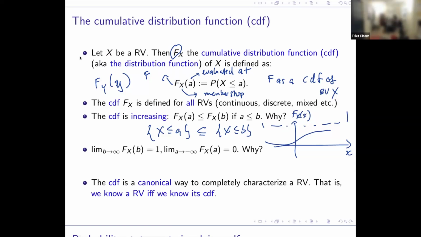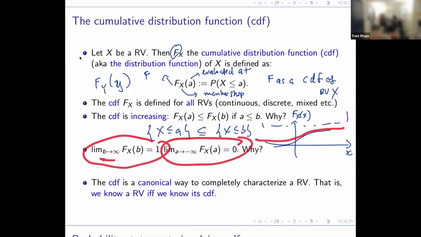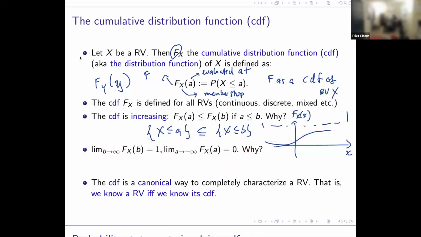And so intuitively it does what you expect it to do, meaning, roughly speaking, it starts from 0 and rises to 1 asymptotically. To the right, it approaches 1. To the left, it approaches 0. Why? Well, again by definition almost.